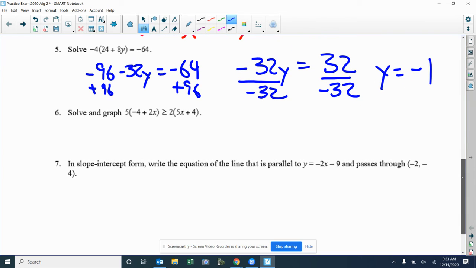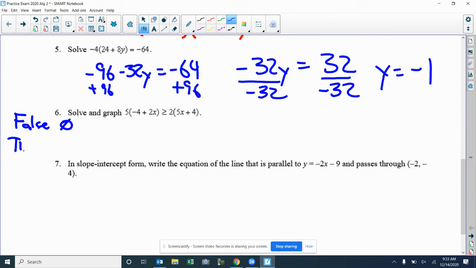All right, moving on to number 6. Solve and graph. We have a tendency when we think graph to think what? Cartesian coordinate, right? But this one isn't. It's a single variable graph. So it's a line graph, okay? Remember when we're talking about those line graphs, there's possibility of it being a false statement, okay? If it is false, there's no solution, is there?